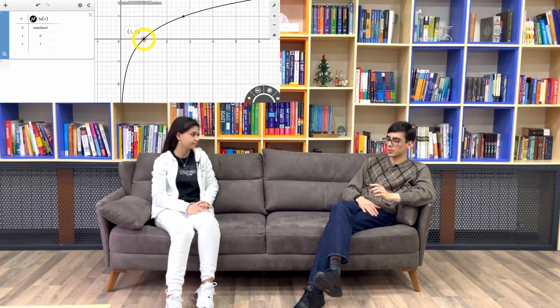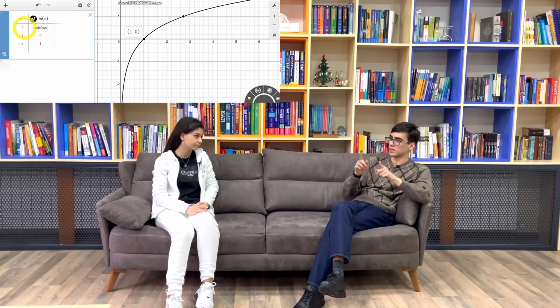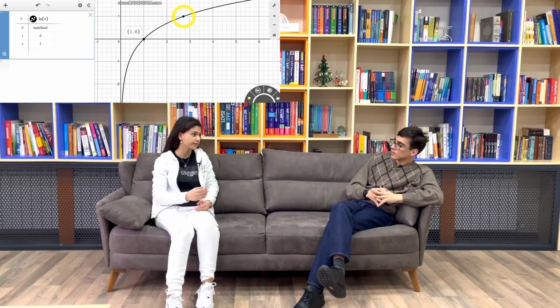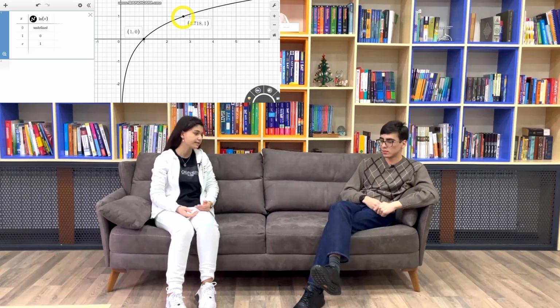For example, there's the point (1, 0), so ln of 1 is just 0. And it's clear that there's some problem at the origin: the function is discontinuous here, so there's a vertical asymptote. I can also notice that at the point x equals e, the y value equals 1, and it's quite reasonable because the base of ln is e, and e raised to the power of 1 is equal to the natural number e itself.